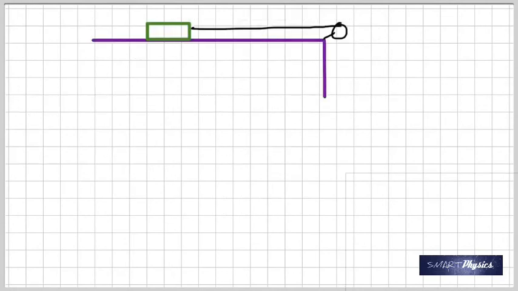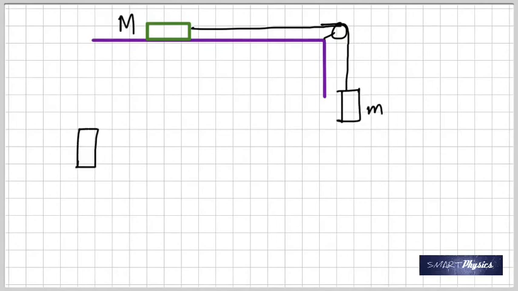In the friction lab, the setup was something like this. You had the block moving over the table with the string attached, passing over the pulley, and another mass suspended there. This was little m, this is capital M. When you try to draw the free body diagram, you look at the forces acting on each one individually. Let's look at the forces acting on this mass.